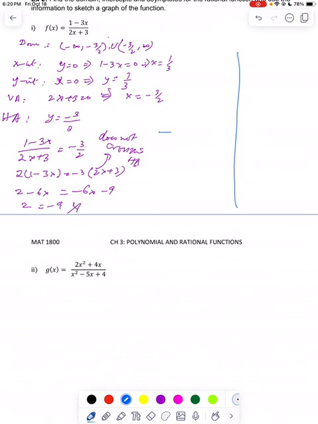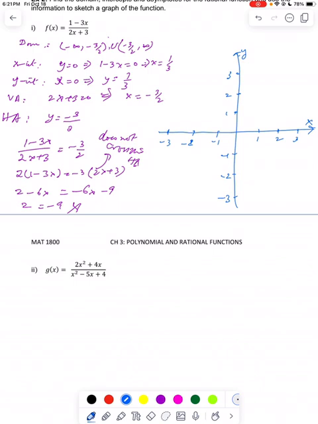So this is -1, 1, -2, and -3, and over here 1, 2, 3. The first thing you should do is draw the asymptotes.